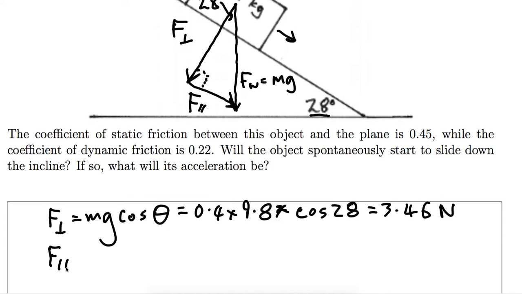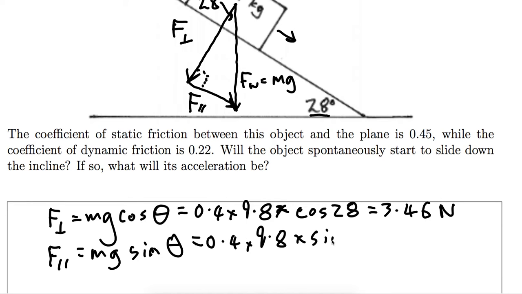Force perpendicular equals mg sine theta. So everything else is the same. 0.4 times 9.8, but this time times the sine of 28. And that's going to be 1.84 Newton. Right, now, F parallel is the one that's going to try to accelerate it to go down the hill.